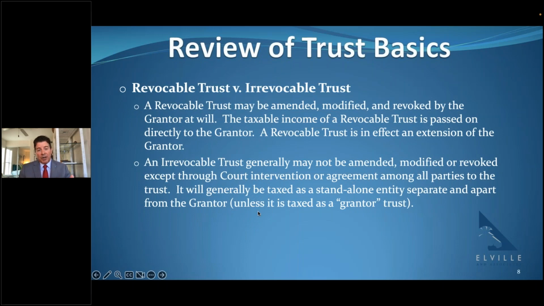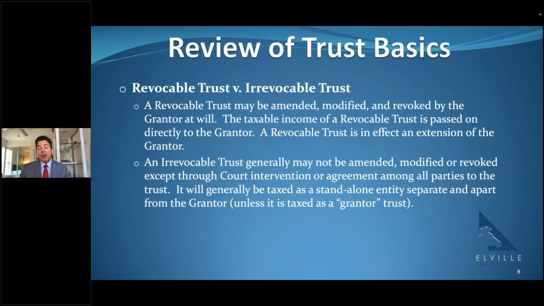Now, a revocable trust, many of you on this webinar today may have one of these. This is what? Well, it's a substitute for a will. A revocable trust is nothing more than a substitute for a will. In basic estate planning, we have wills or revocable living trust, which is a substitute for a will. In a very simple way, I would say it's a fancy will, but that's an inaccurate definition.